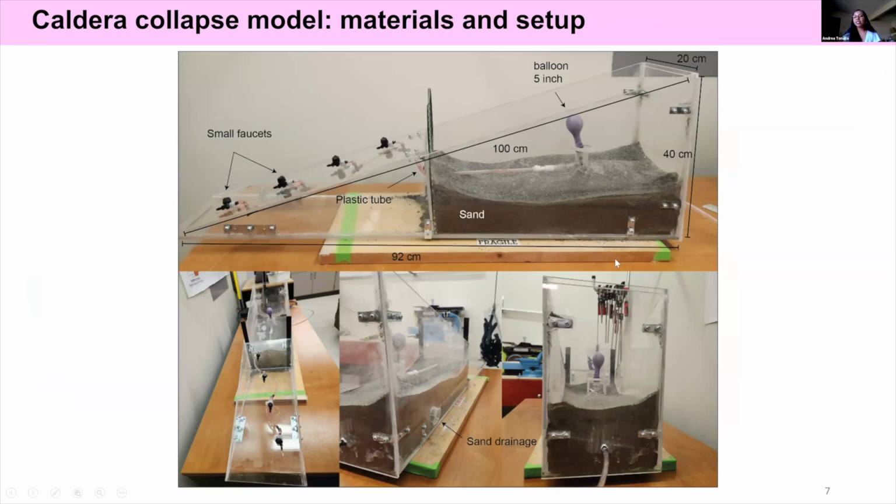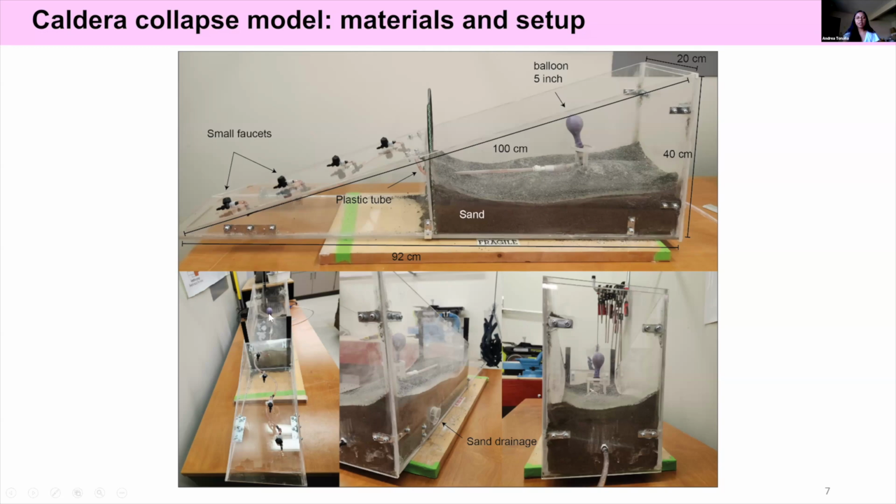All this system is connected through plastic tubes that are connected to a syringe with also red liquid, which would be our magma. We use this balloon as our magma chamber, and these tiny valves will be opened and closed to create some flank eruptions. And we used sand to make a volcanic edifice.